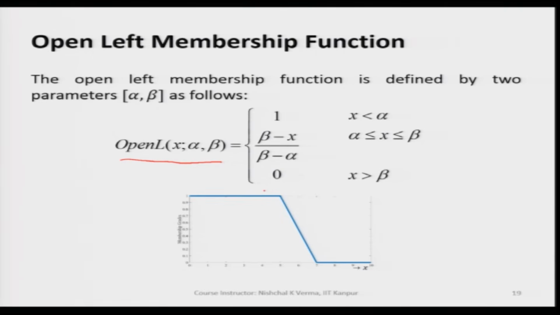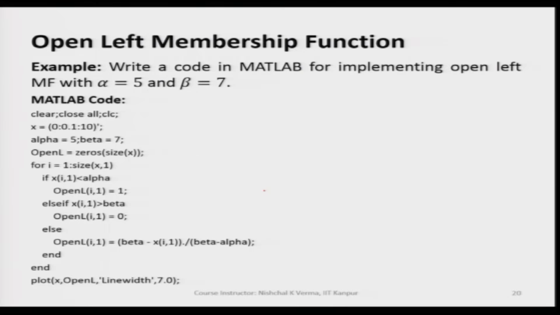Similarly, here also we have a MATLAB code that will help you to plot open left membership functions by substituting different values of alpha and beta. In this example we have chosen alpha as 5 and beta as 7.